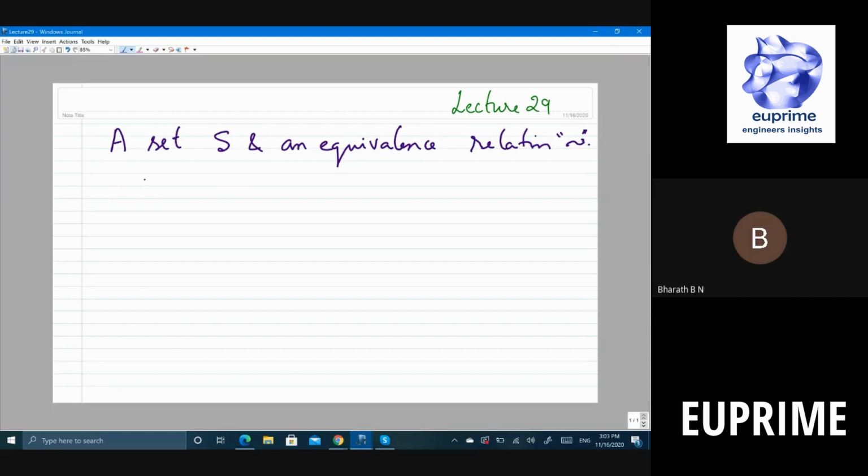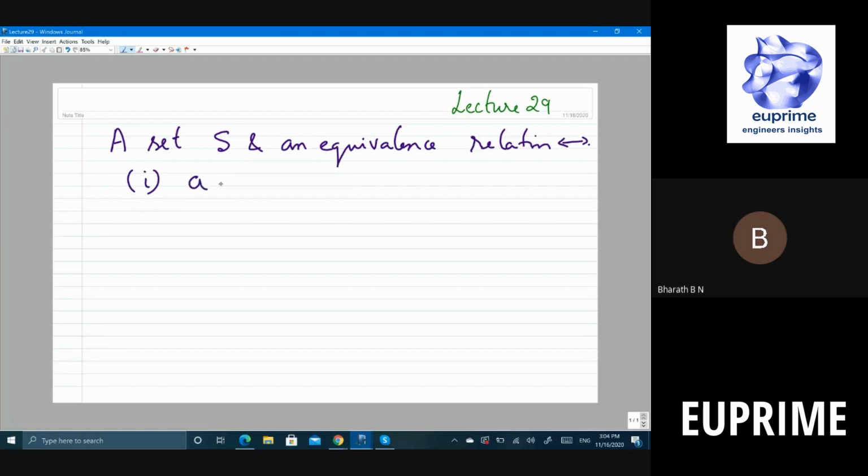So what are the properties of this equivalence relation? You take any two sets, so you can either say A is related to B or not, right? Let me put that in context. What are the properties?